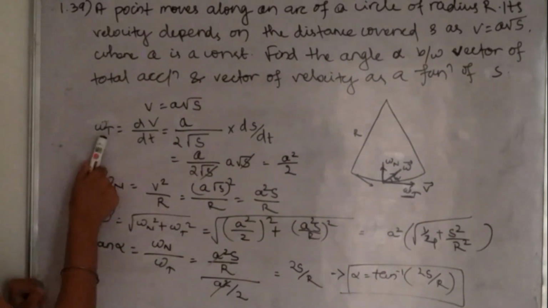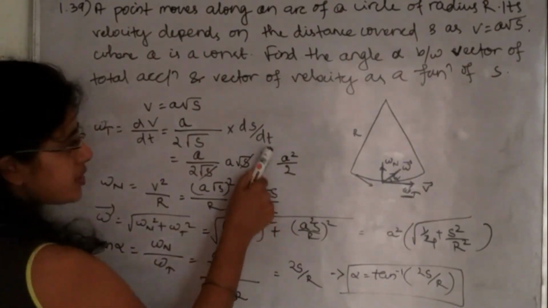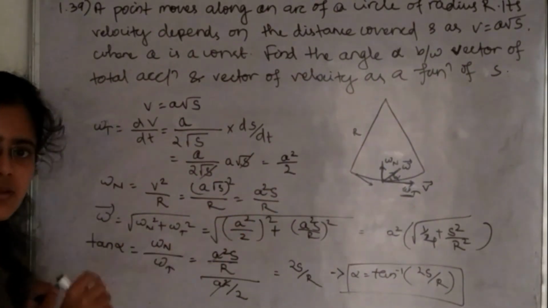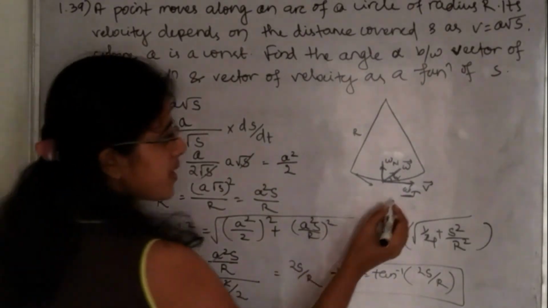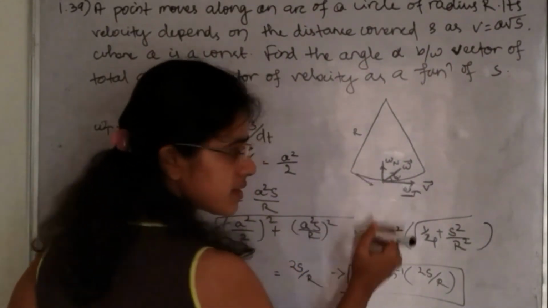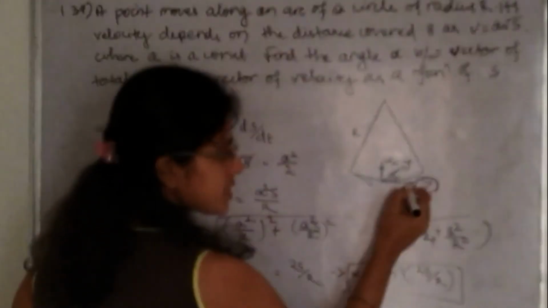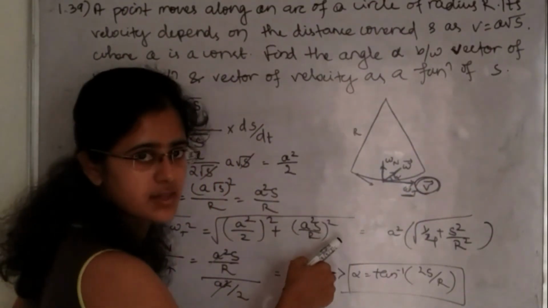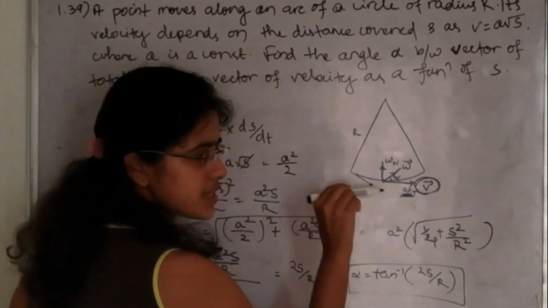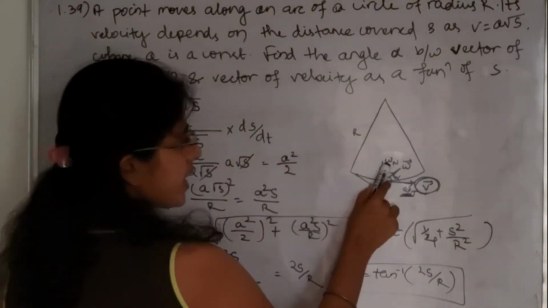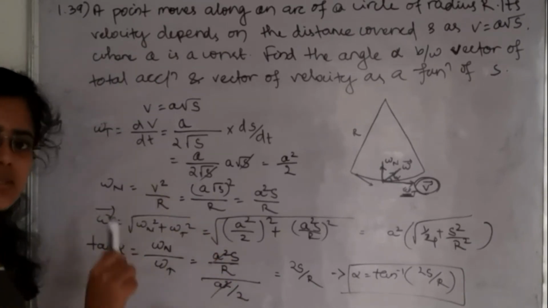You have to understand this. Tangential acceleration here is positive, which means it is in the direction of velocity. Velocity here is tangential to this arc. Always, if we consider this point, then this is the velocity direction, tangential to this arc. So omega t is also in this direction. Omega n, we know, is always directed towards the center.